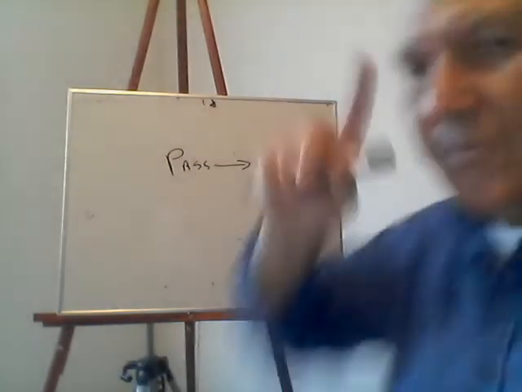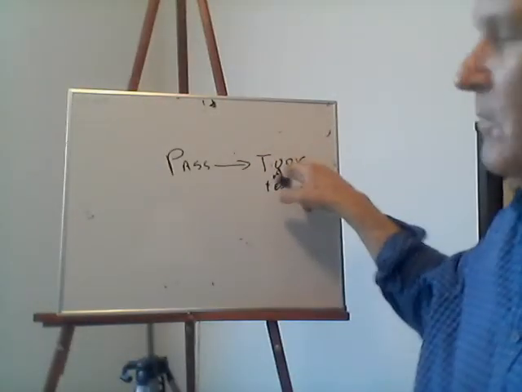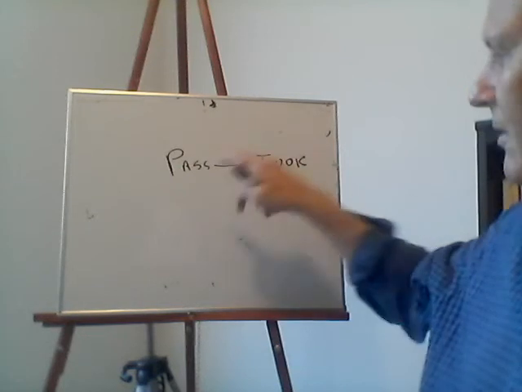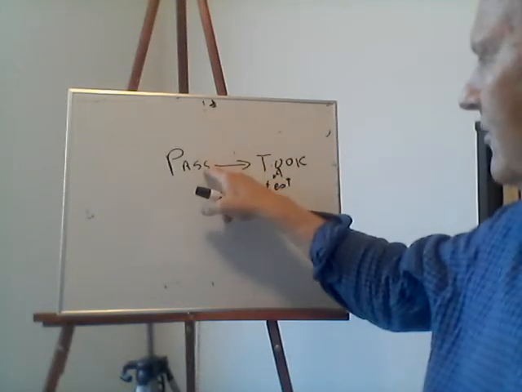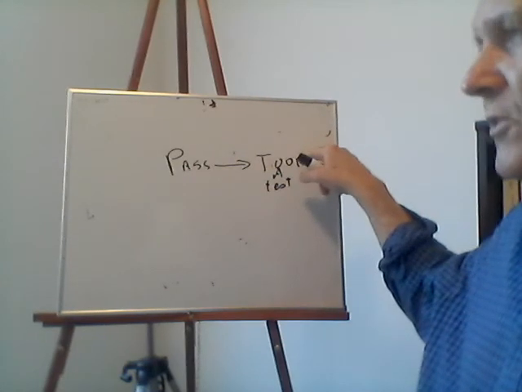Passing a test is a sufficient condition for taking a test, because if you have this, then you have to have this. If you pass the test, that's all you need to make sure that you took the test.